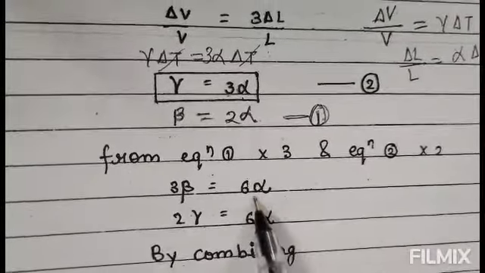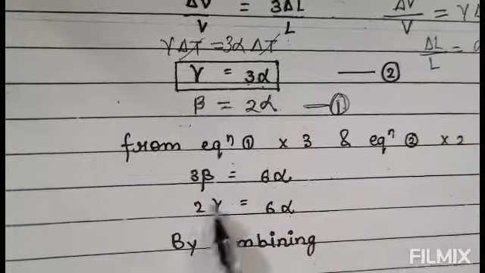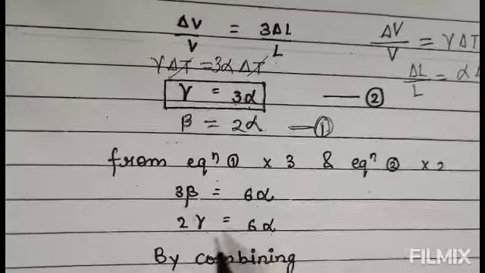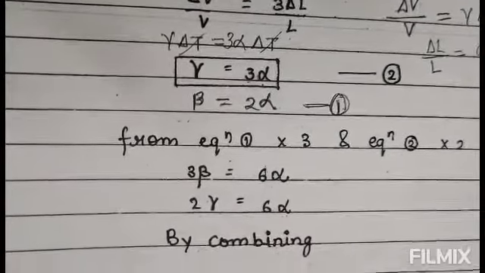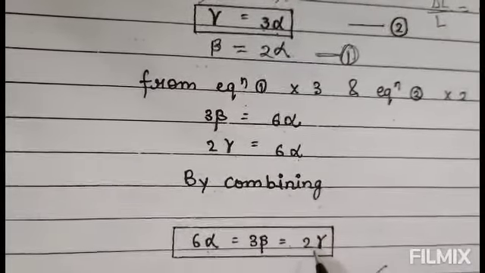That means 6 alpha is equal to 3 beta, and 6 alpha is also equal to 2 gamma. So we can write this relation in a combined way: 6 alpha is equal to 3 beta, which is also equal to 2 gamma.